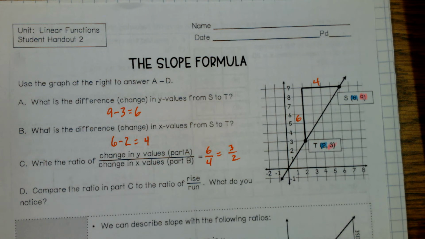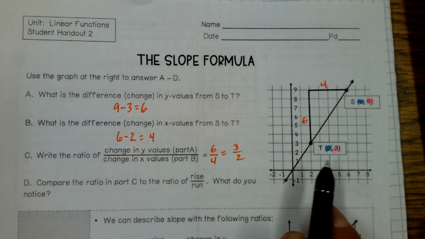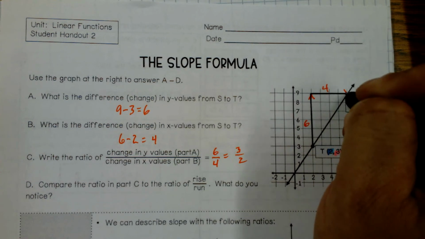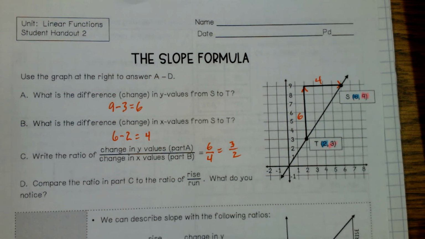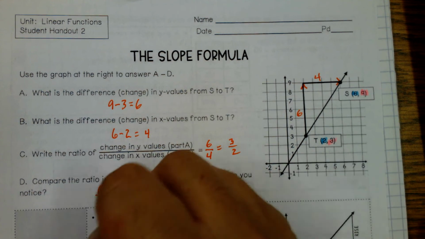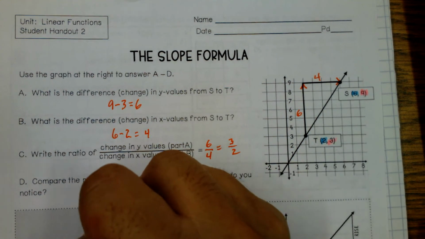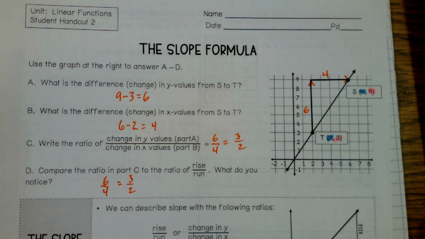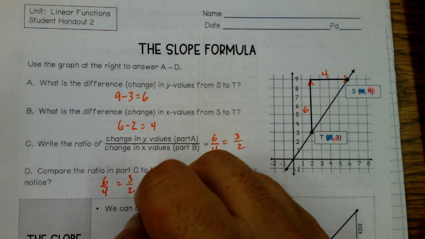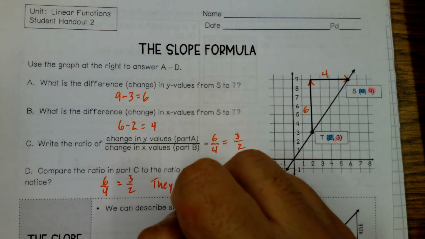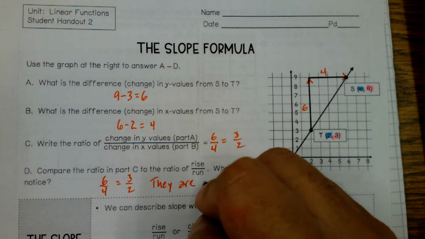But if we do rise over run, I already did that. Found the rise versus the run. Do we notice we get the same thing? So we're going to say they are the same.